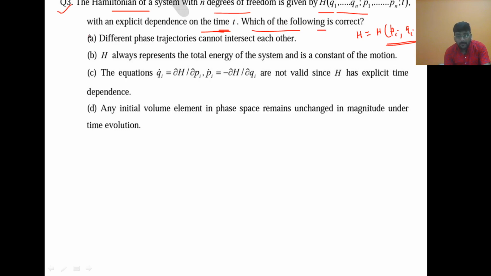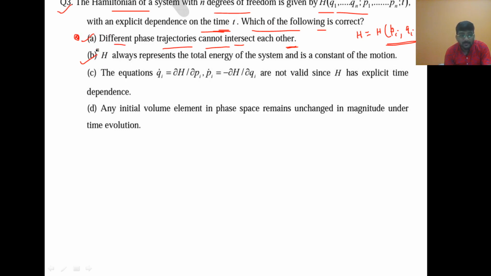Let me see the statements. This is a basic question, actually a direct consequence of the theory part. The first statement is: different phase trajectories cannot intersect each other. Let me see the other options also, then I will discuss.